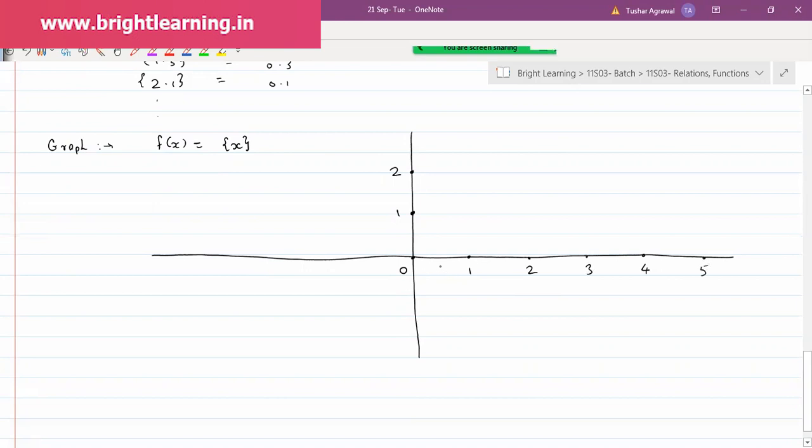Just concentrate on the part between 0 and 1.